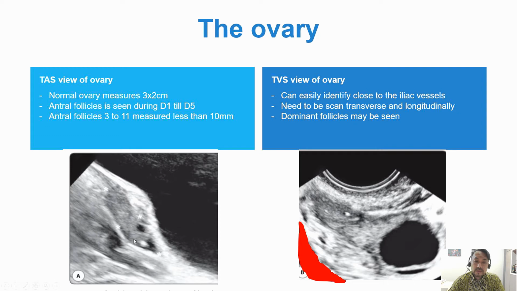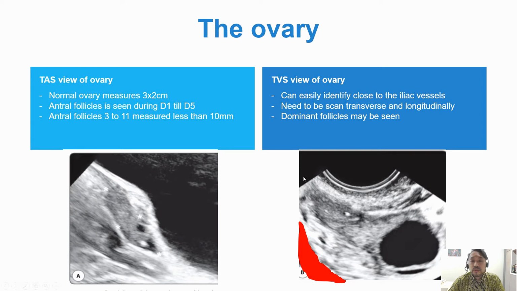It measures around 3 times 2 centimeter, and you can see the antral follicles during day 1 till day 5 of menses. The antral follicles are about 3 to 11 follicles measuring less than 10 millimeter. So these are seen by using the TAS.